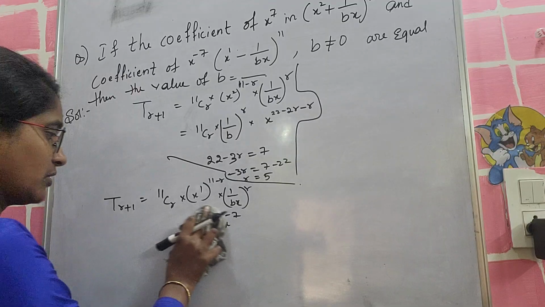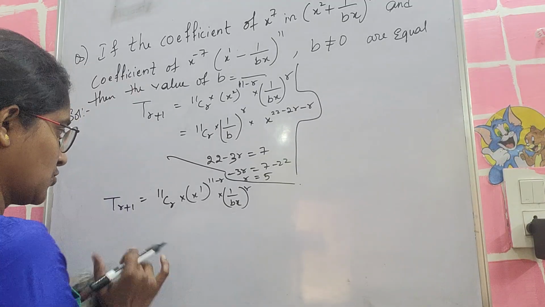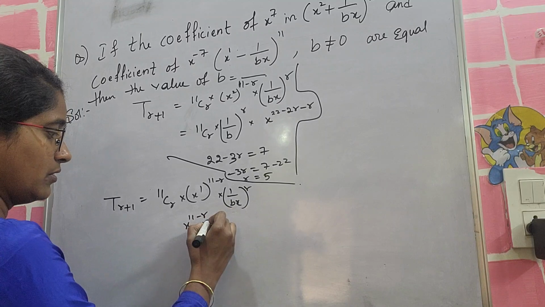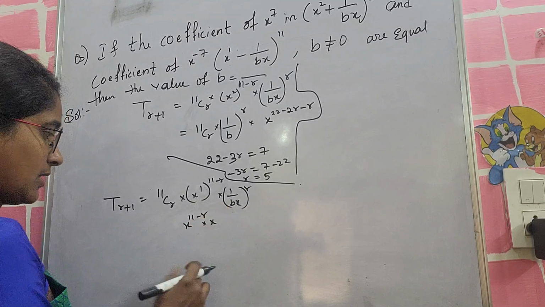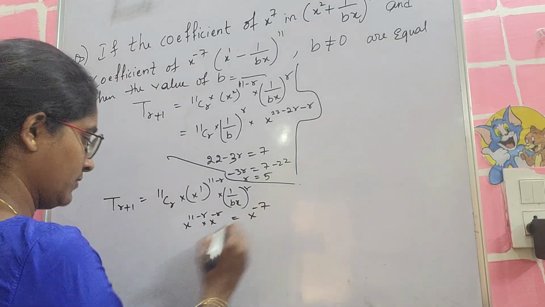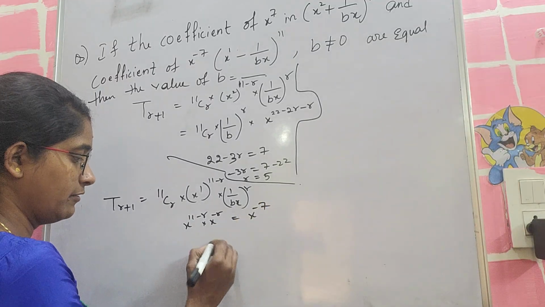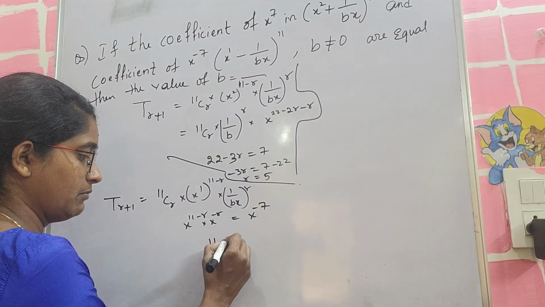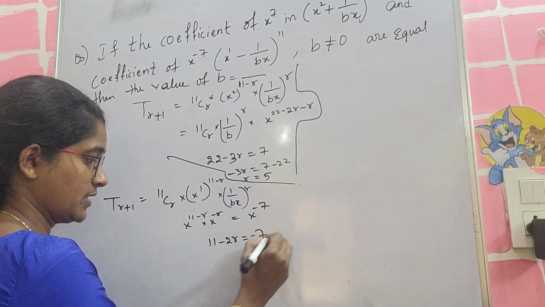So by mistake the question has been written wrong. So here x to the power of 11 minus r into x to the power of minus r. Then it will become minus r equals x to the power of minus 7. So if I remove the x base, then 11 minus 2r is equal to minus 7.